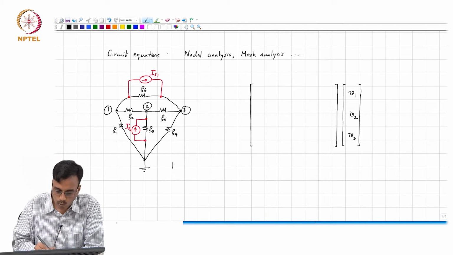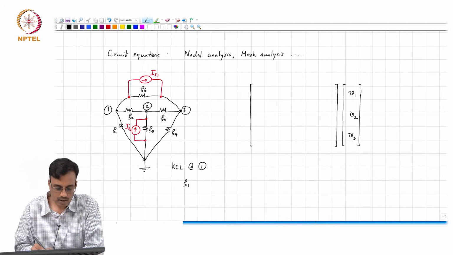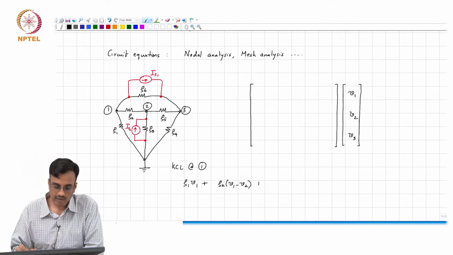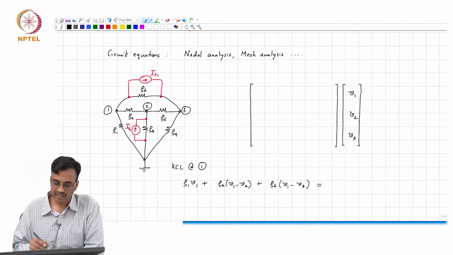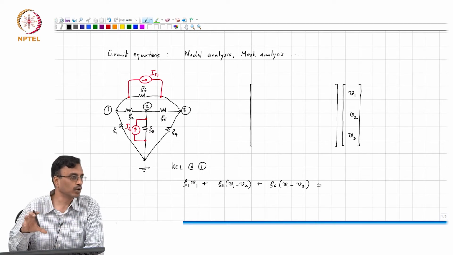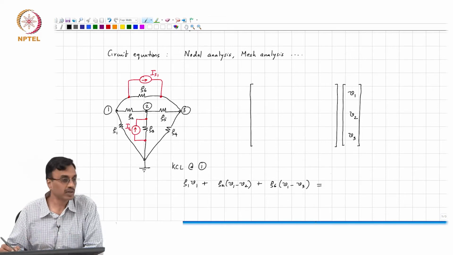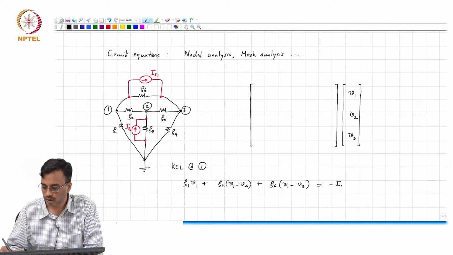If you write KCL at node 1, we see G1 times V1 plus G2 times (V1 minus V2) plus G6 times (V1 minus V3) equals, that is the sum total of all the current going out of the node must equal the current going into the node, which in this case is minus IS1, right.